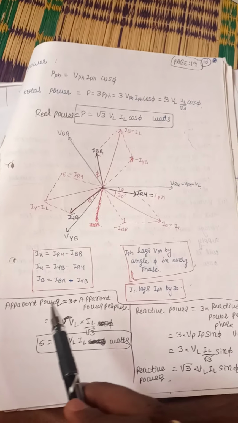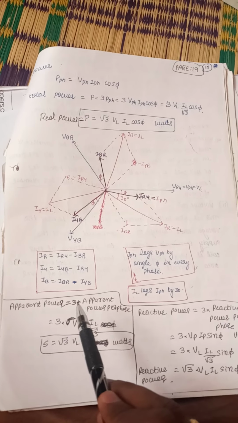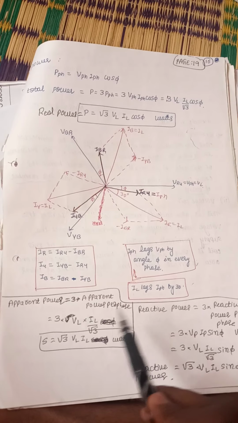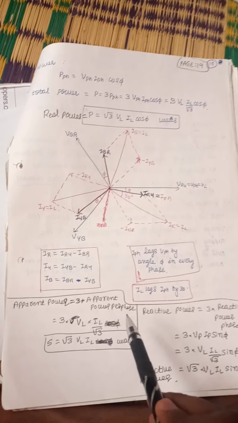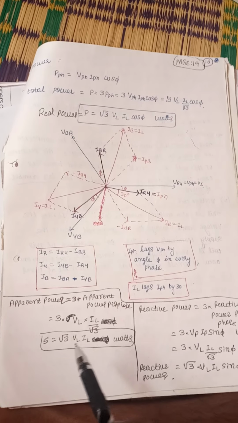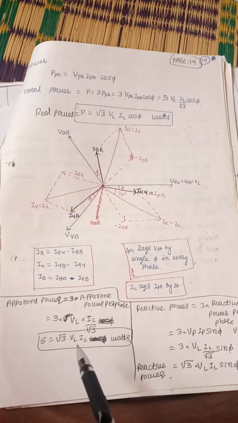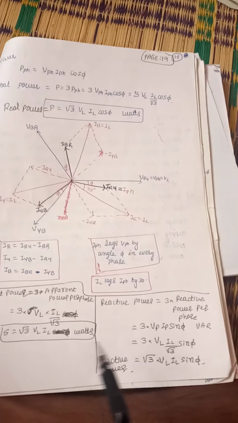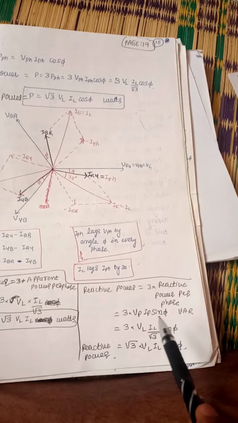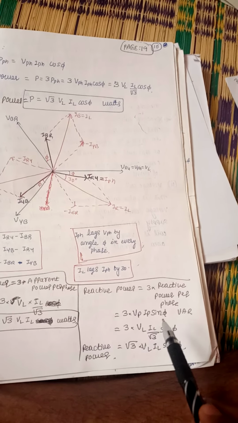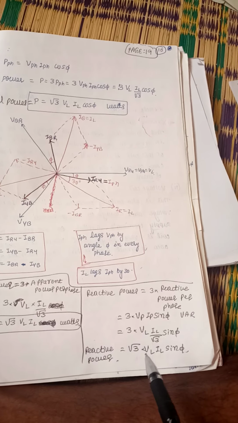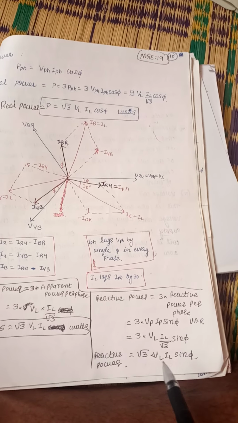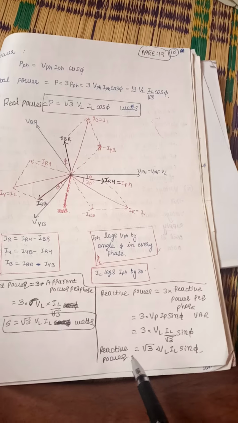In a similar manner, you have apparent power, that is 3 times the apparent power per phase because it's a 3-phase circuit. In the same manner you have to derive the relation, so you will get root 3 VL IL. If you come to reactive power, you have to multiply by sin phi here, then you will get root 3 VL IL sin phi, reactive power.